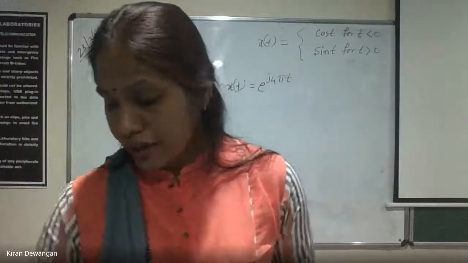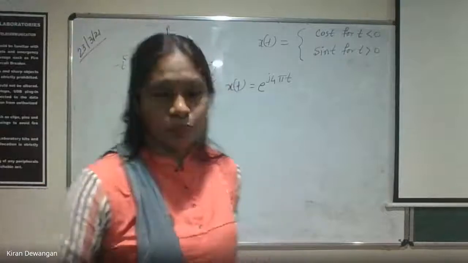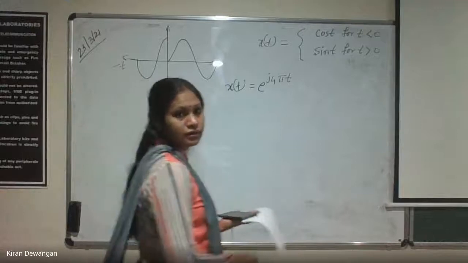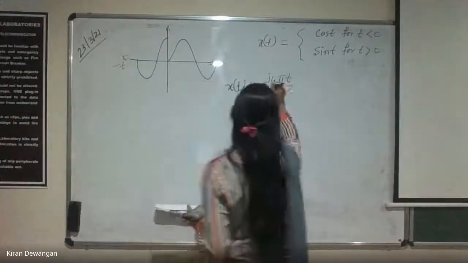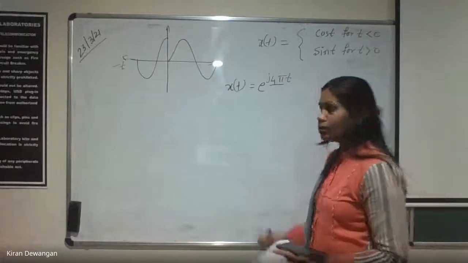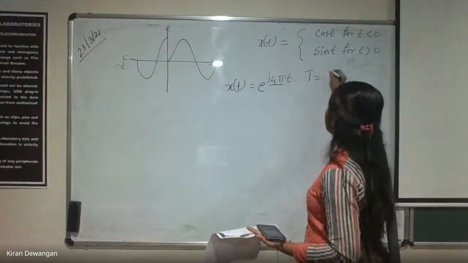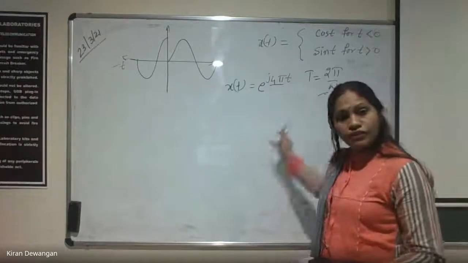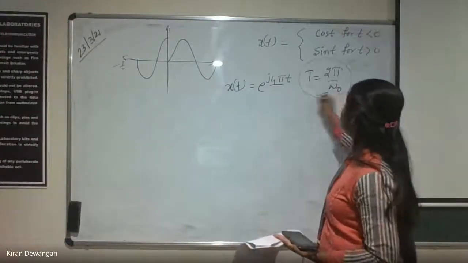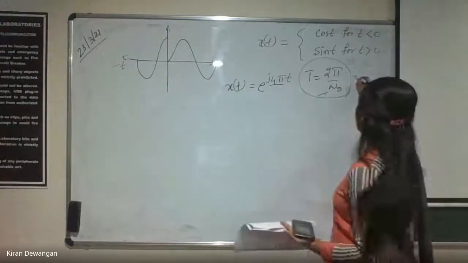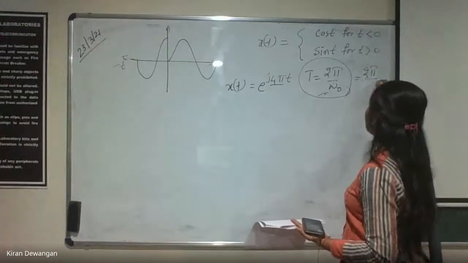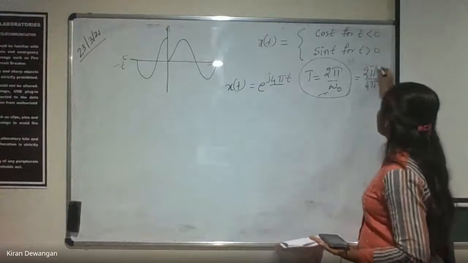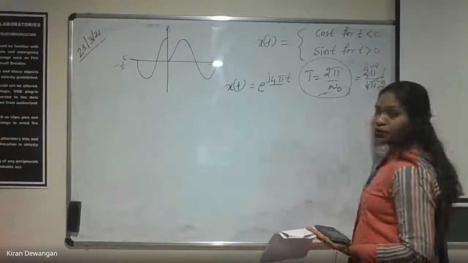We have already calculated T equals 2 pi by omega naught. ठीक है, अगर e to the power j omega naught t होता है तो we have calculated that it is 2 pi by omega naught. ये हमारा derive हो चुका है already. Now according to this, 2 pi by omega naught is what? Omega naught is 4 pi. Directly we can keep the value, it is 1 by 2.